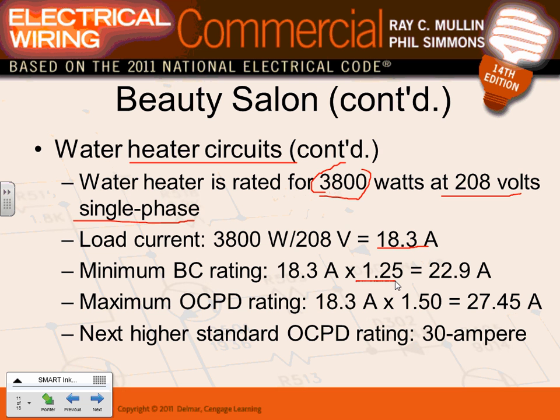Then you multiply by 1.25 continuous load. You get this amount of amps. Because it's an appliance, to size the overcurrent protection device, you multiply by 1.5. Do you guys remember that 1.5? We said that one. See how it repeats itself. So here's the overcurrent protection device size. So long story short, you end up with a 30 amp breaker tied to a number 10 conductor to feed this water heater that burns at 2.8 for the salon.